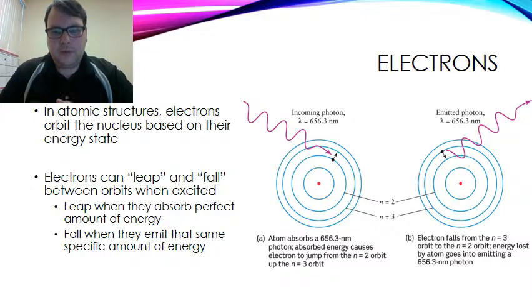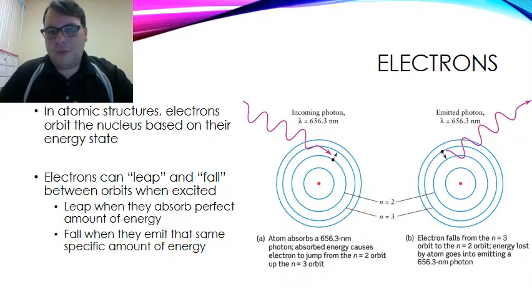Now, if electrons are being excited, they will jump to a higher energy state. Much like a kitten. If a kitten is at rest right now, and you go over and you start playing with the kitten, it automatically has some kind of energy input, and then the kitten is responding by being in a higher energy state.